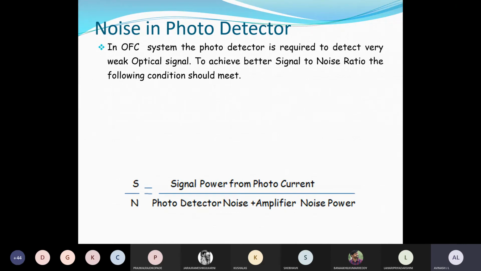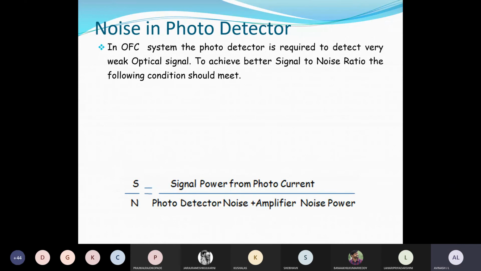You can see that in an optical fiber communication system, the photodetector is required to detect a very weak optical signal also. To get a better signal to noise ratio, the following conditions have to be met.